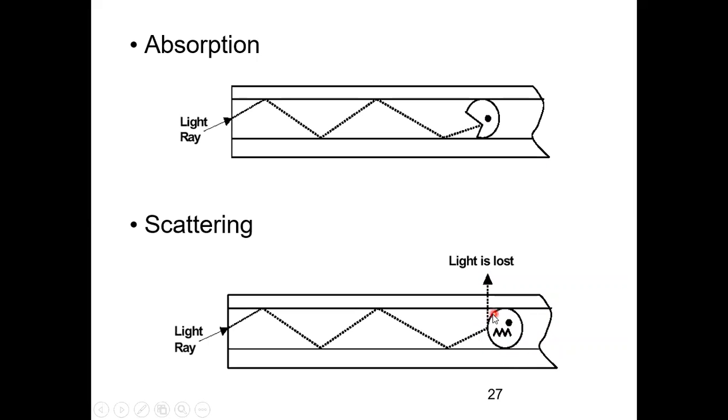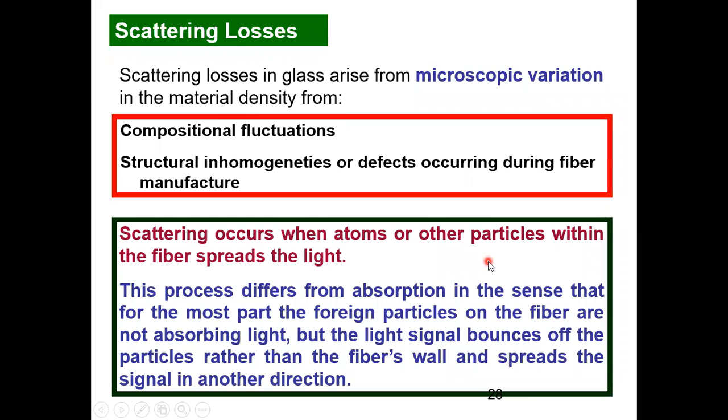Now see, this is a very minute particle. The fiber itself is so thin, and there is impurity inside it. So many times the scattering phenomenon looks as if it is absorption, but the only thing is here the light ray escapes into the cladding.